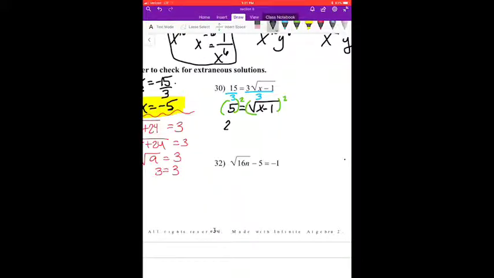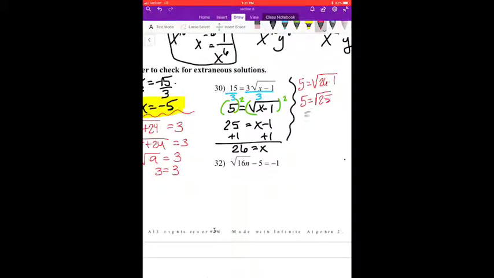So you have 25 equals x minus 1. X equals 26. So if I check my answer, I'm going to check it once the radical is isolated. So 5 equals the square root of 26 minus 1, which is 5 equals the square root of 25. And that is a true statement.